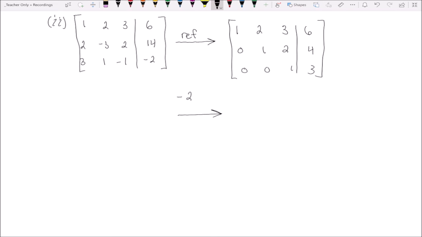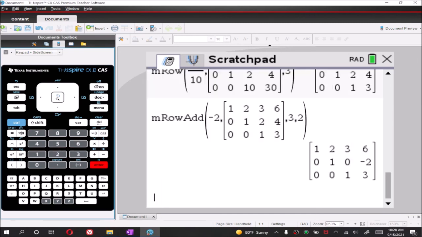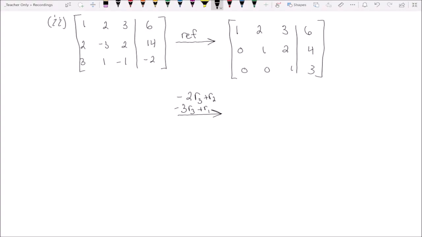All right, next step, let's do negative 2 row 3 plus row 2, and negative 3 row 3 plus row 1. All right, that'll give us this matrix.